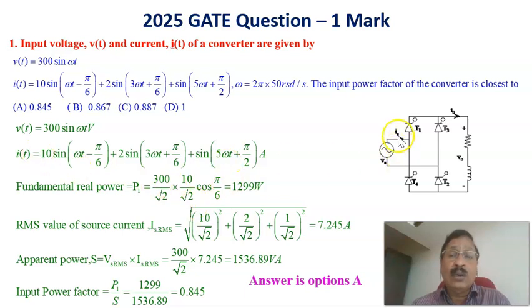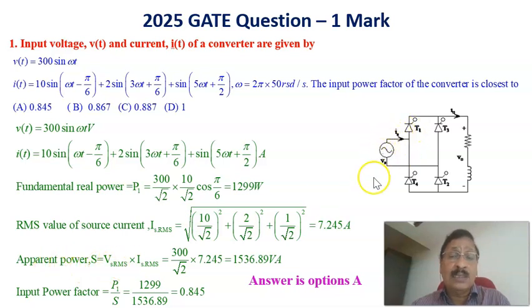The total RMS value of the current at the source side is the square root of the sum of the squares of the RMS values: 10 divided by root 2 whole square, plus 2 by root 2 whole square for the third harmonic, plus 1 by root 2 whole square for the fifth harmonic. Under the square root, we get 7.245 amperes. This is the total RMS value of the source current at the input side, and that is the fundamental real power. Once you get this, you have to calculate the apparent power.